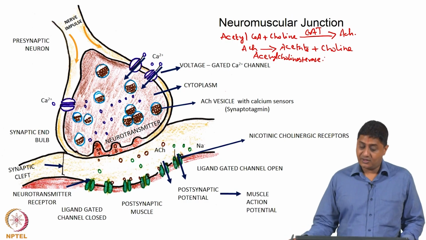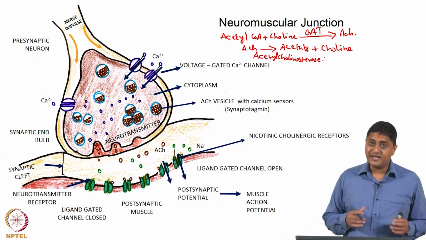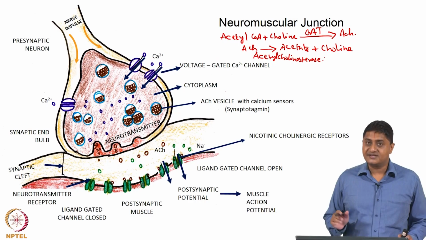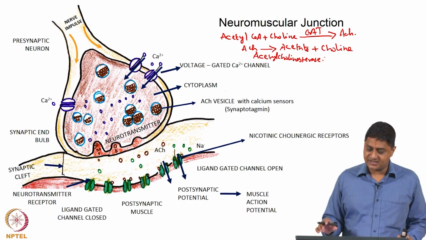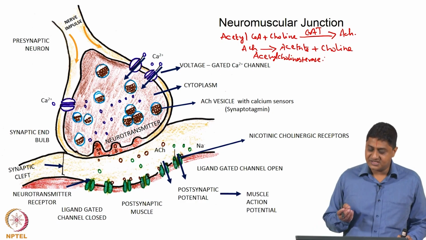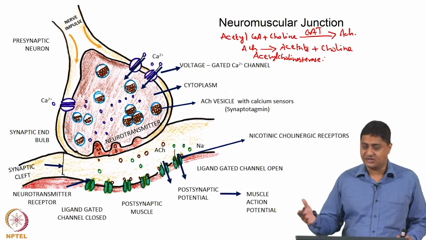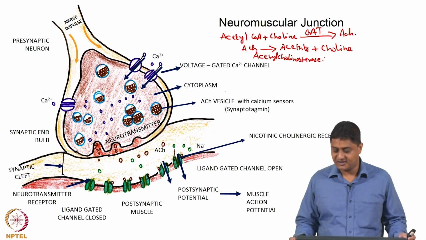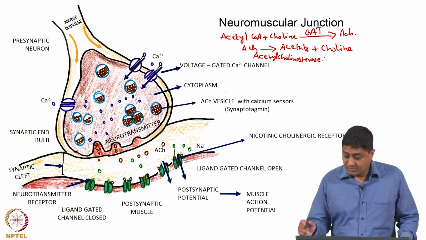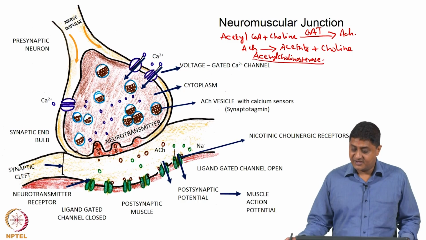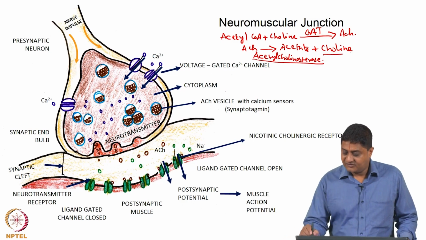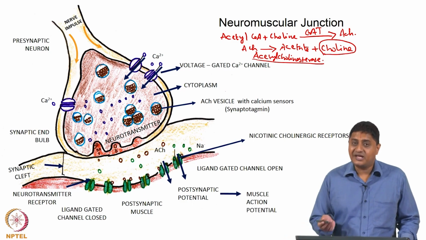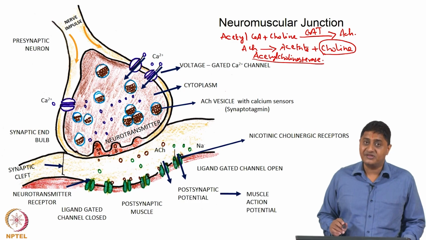So acetylcholine esterase breaks acetylcholine into acetate and choline, and choline acetyltransferase brings acetyl coenzyme A and choline together to make acetylcholine. So this is the life cycle of acetylcholine. Also remember, when acetylcholine esterase breaks acetylcholine into acetate and choline, part of this choline is reuptaken back into the presynaptic terminal.